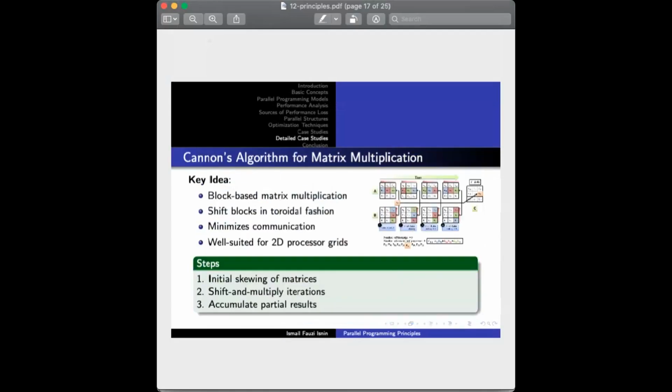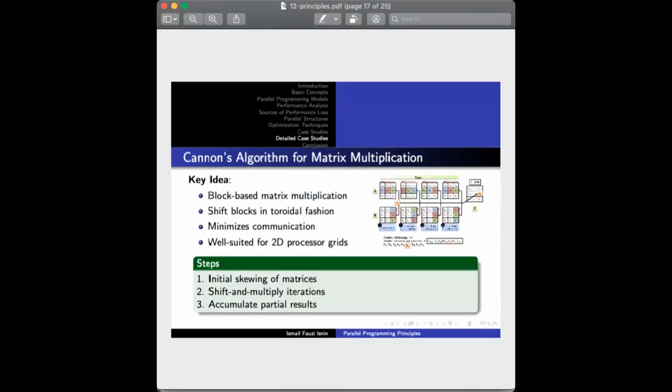And next, Cannon algorithm for matrix multiplication. In the diagram, you can see a matrix block shifting over discrete time steps for C equals A times B. So let's step through the explicit execution behavior of Cannon algorithm for matrix multiplication.